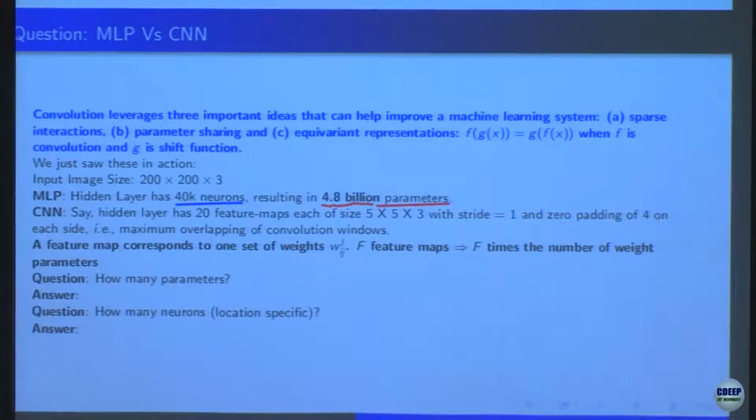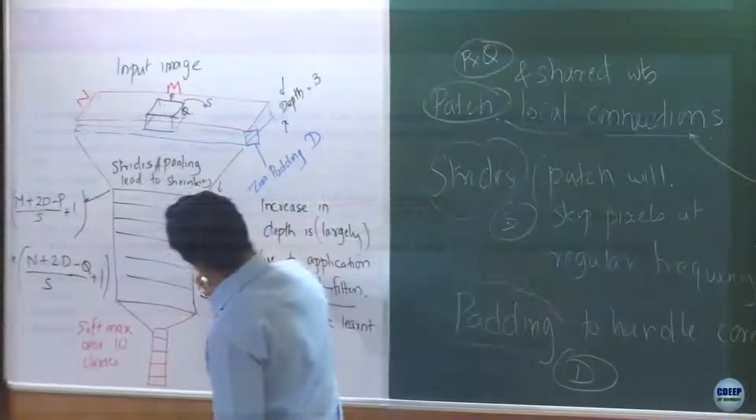Now let's quickly see if the CNN has 20 feature maps. So here depth is 20. Depth is 20 means 20 feature maps. This is also called the number of feature maps.